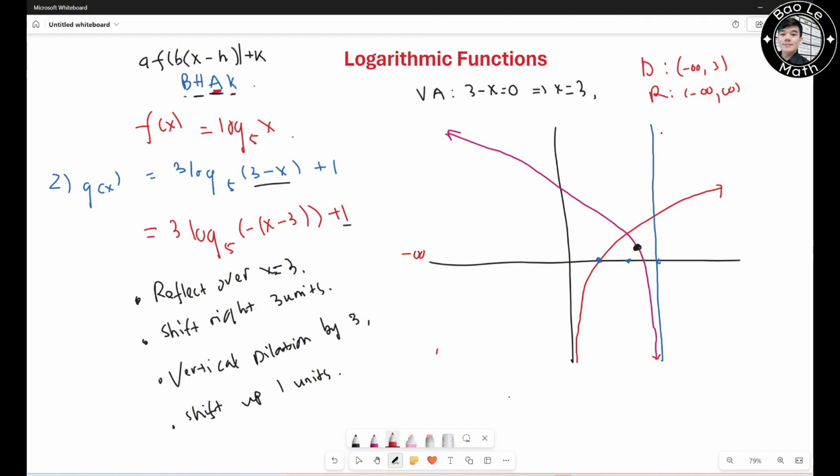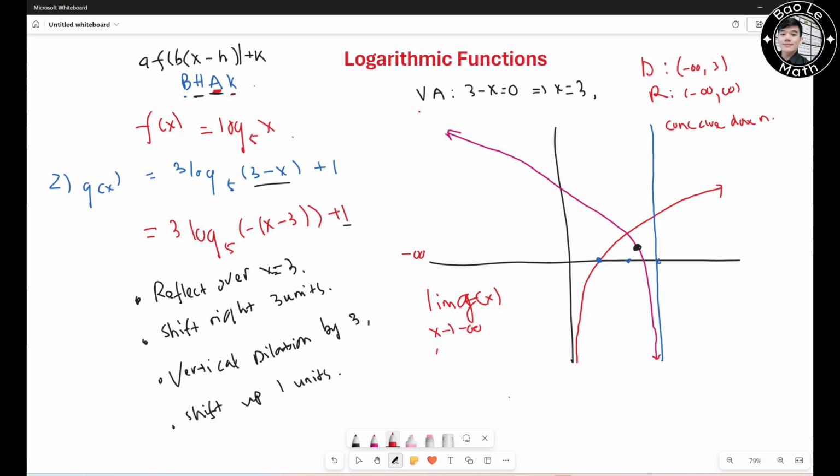Now, the function is concave down, right? And we have a vertical asymptote s equals 3. Okay, now the end behavior. So the left limit of the function g of s when s approaches negative infinity, right?